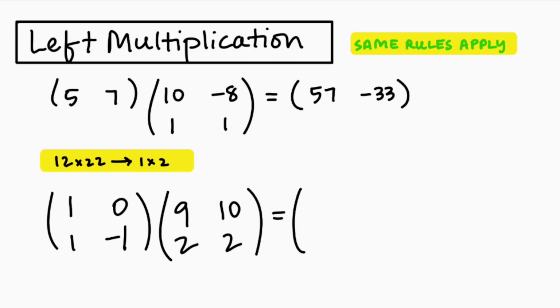And if we do this the old way, 9 of the first and 2 of the second, it's 9 and 7. And then on the second column of the product, 10 of the first column plus 2 of the second column on the left, so that'd be 10 and 8.